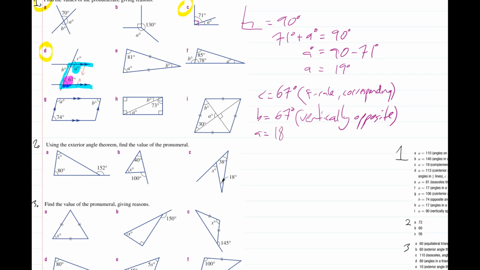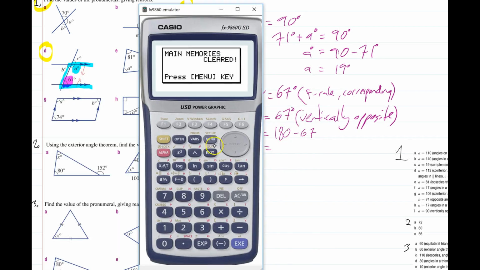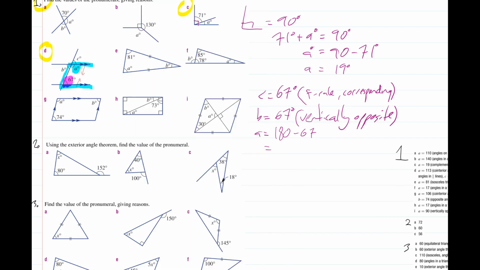So A is going to be 180 take away 67, which is 113 degrees.